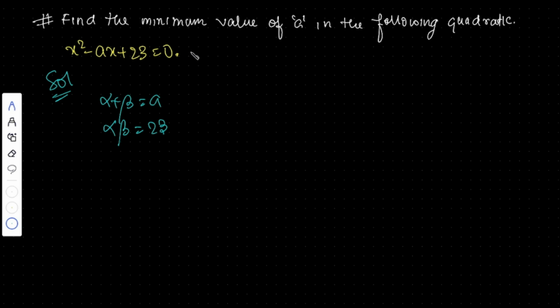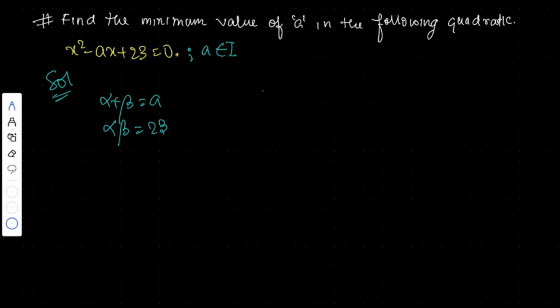Note down another thing here: a should be an integer. Then what you do is AM and GM.